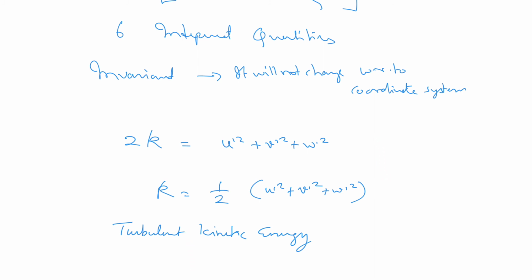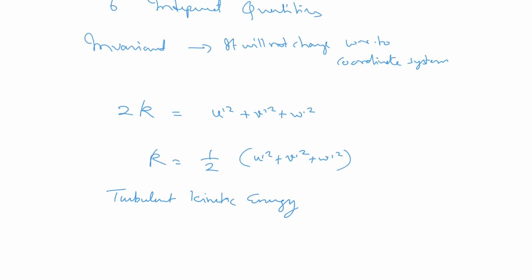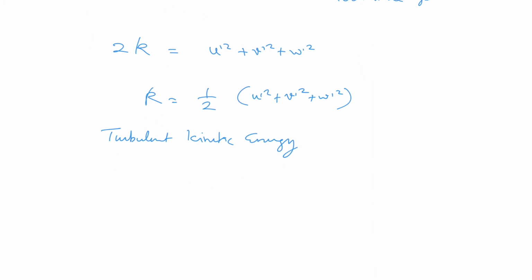So this turbulent kinetic energy, you can easily infer that it is in the dimension of meters square per second square. Now you know that whenever you supply energy to the fluid flow, the turbulence derives energy from the mean flow and it sustains.